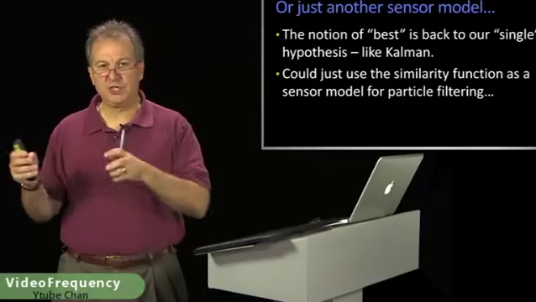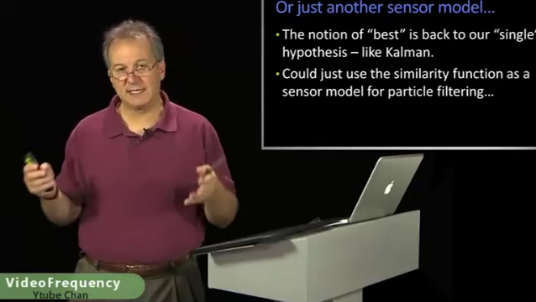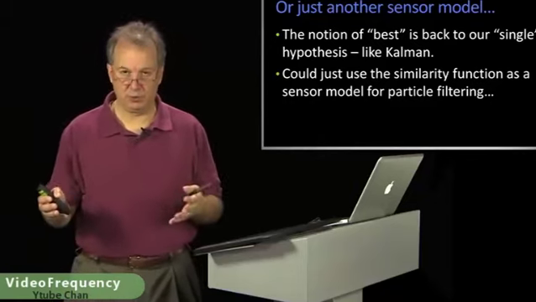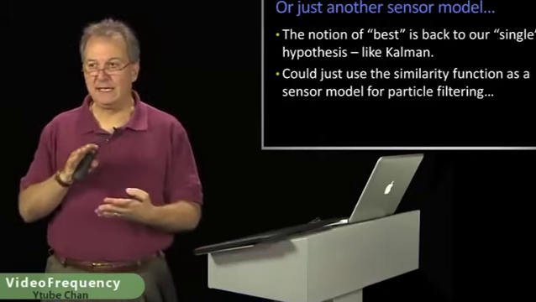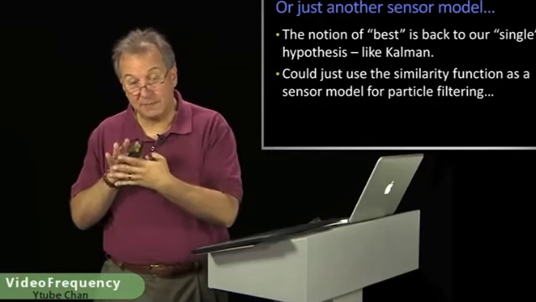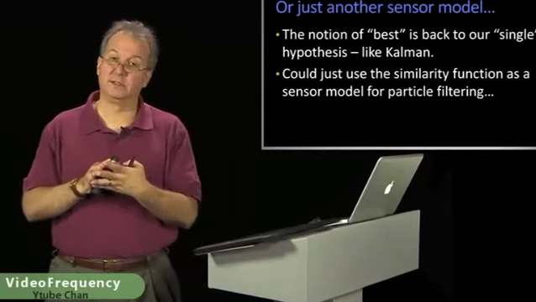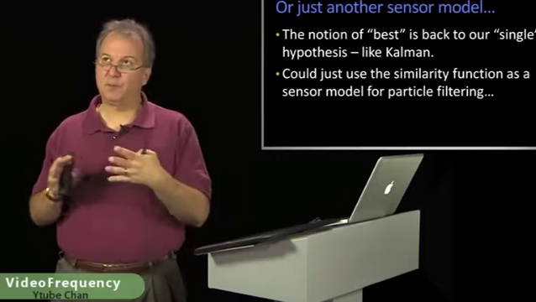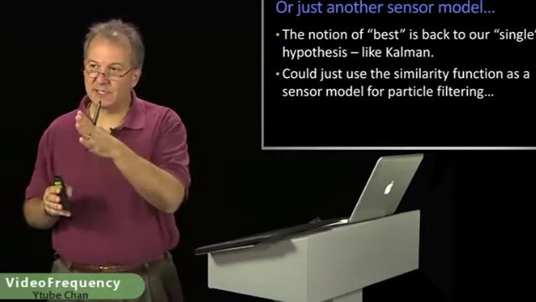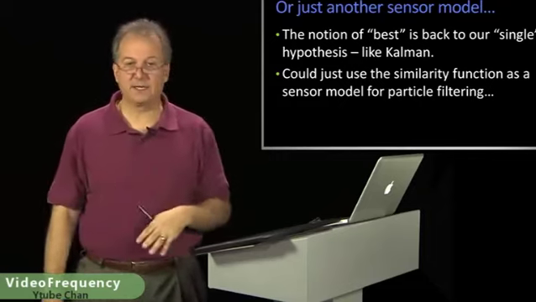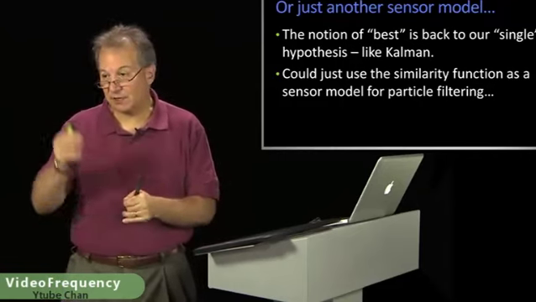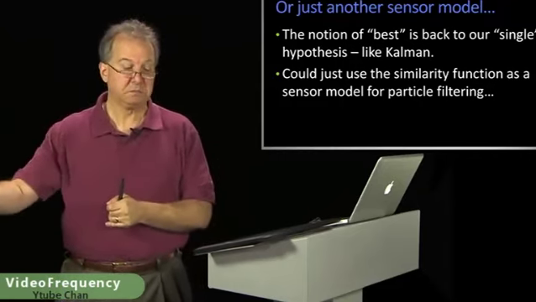There is, however, another way of thinking about the tracking that I just showed you. Let's not worry too much about the mean shifting part of it, and just use this idea of the color distribution matching, the similarity, as a sensor model, okay? Because when we do this mean shift and we're tracking the single peak, we're a little bit back to our Kalman universe, right? Where the idea was there's a single hypothesis.